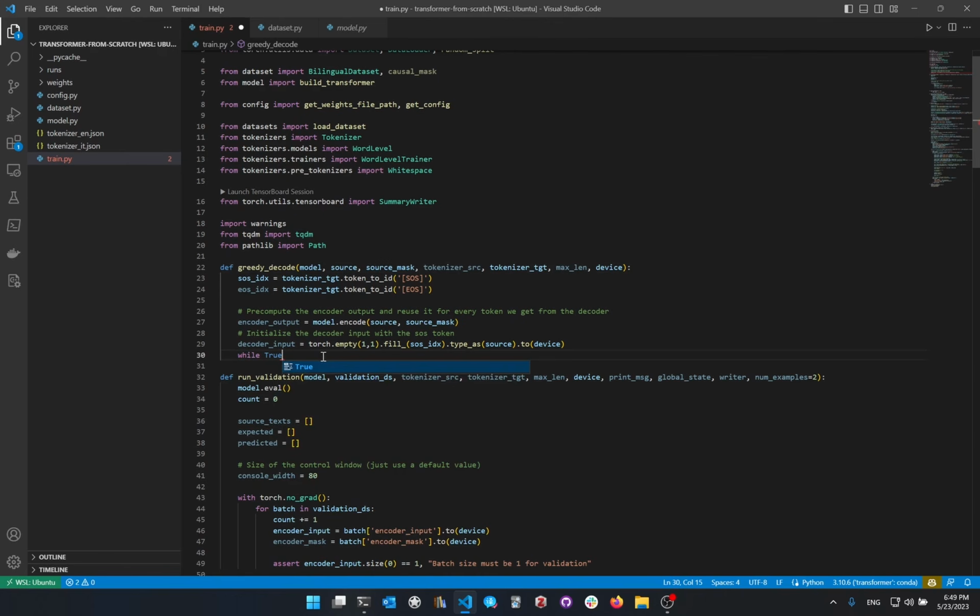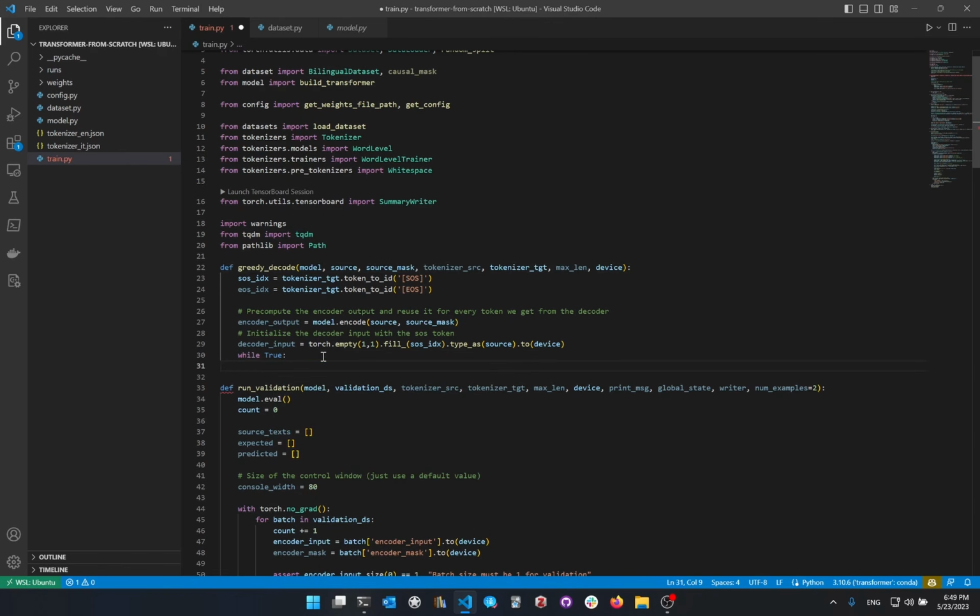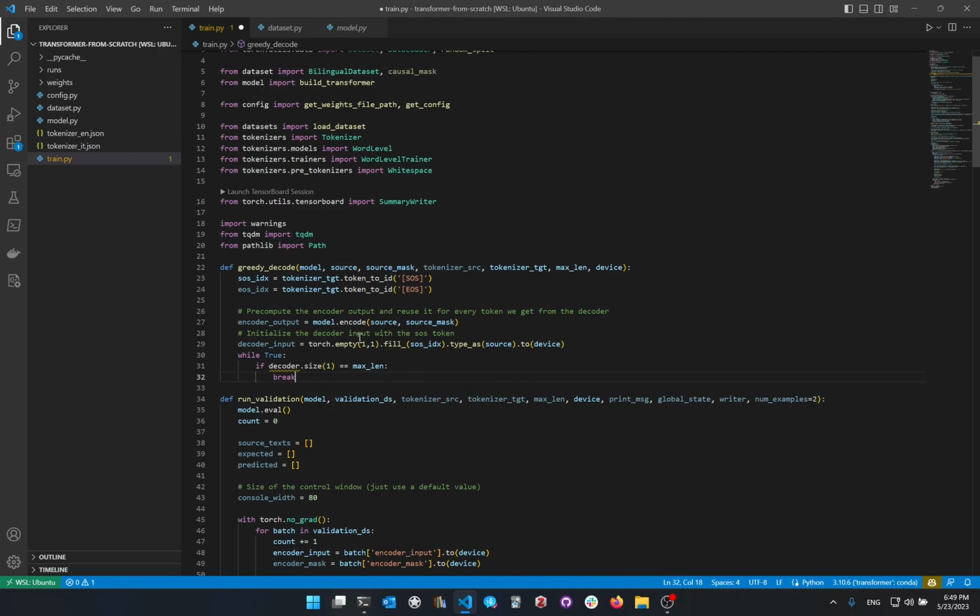So we can do a while True, and then our first stopping condition is if the decoder output, which becomes the input of the next step, reaches max len. Here, why do we have two dimensions? One is for the batch and one is for the tokens of the decoder input.